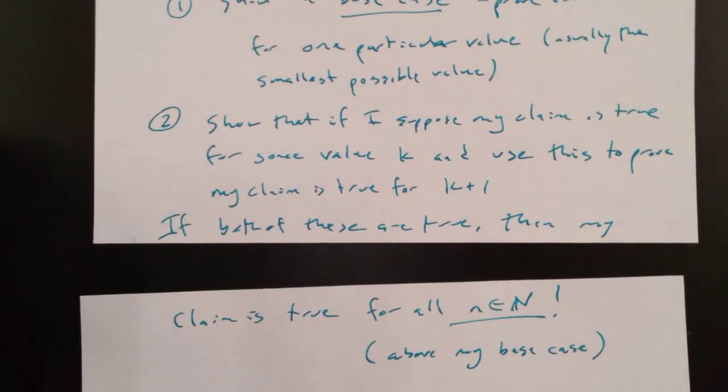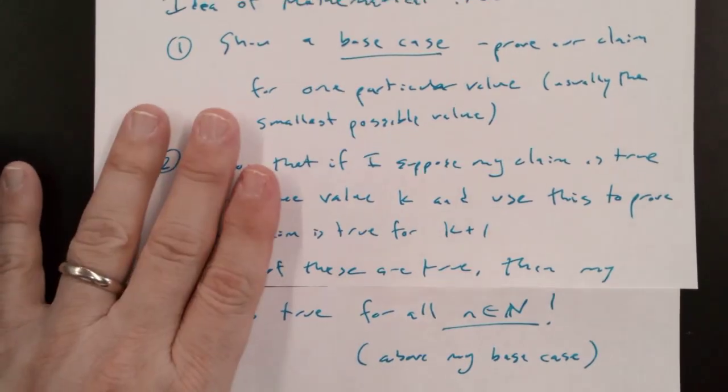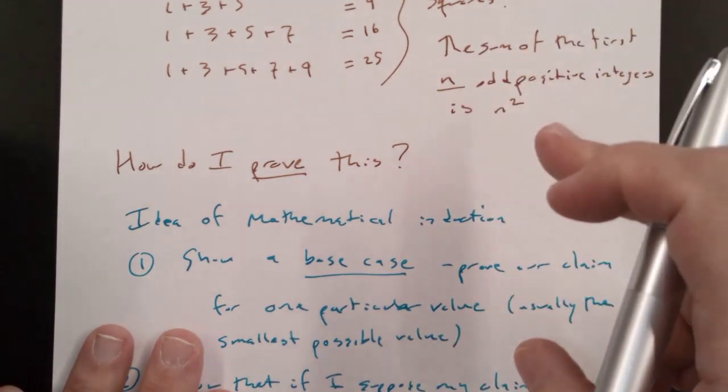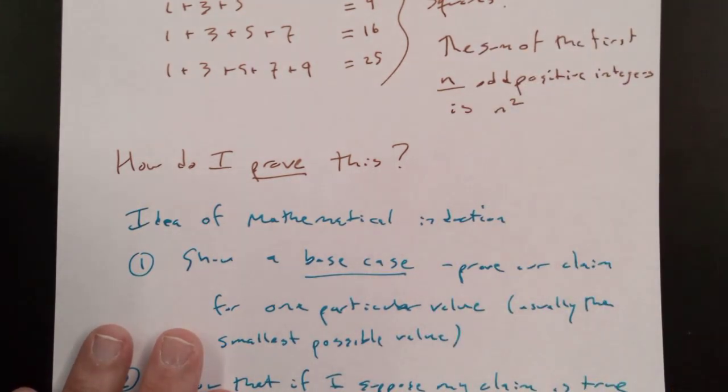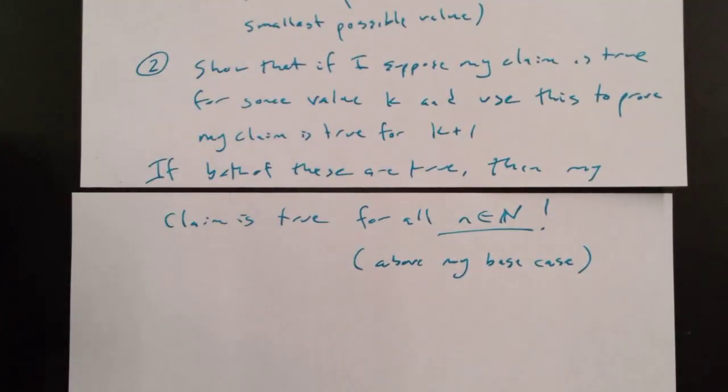So, this means I need to write my claim in terms of a value. So, if we go back and look at the phrase I wrote down for the claim I wanted to show, I wrote down the sum of the first n odd positive integers is n squared. I'm going to make that a propositional function.